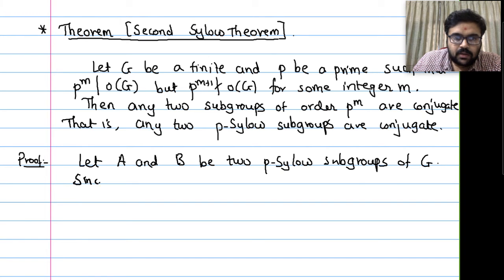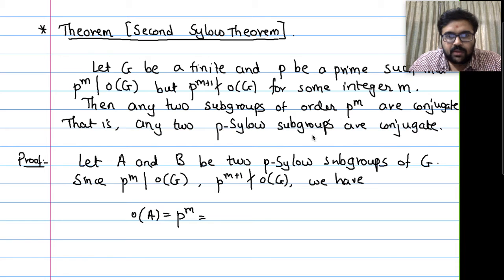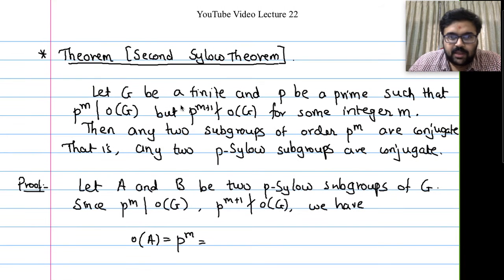Since p power m divides the order of G and p power m plus 1 does not divide the order of G, we have, because they are p-Sylow subgroups, the order of A is p power m and the order of B is... okay, let me change this m to n, so as per the notes I'll be consistent.